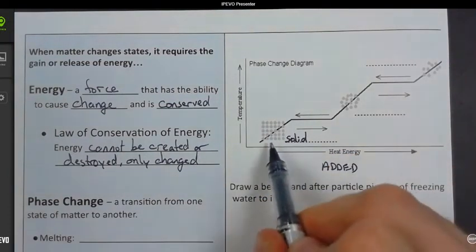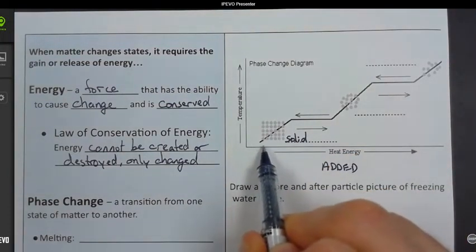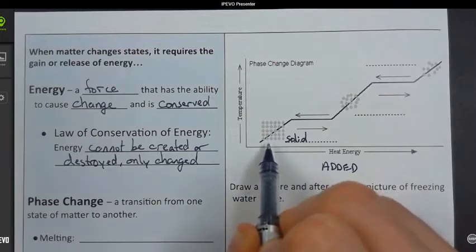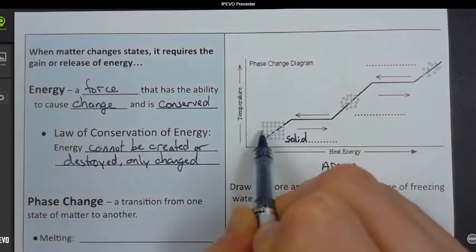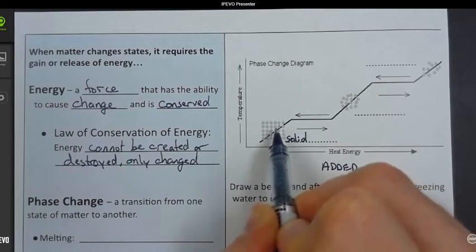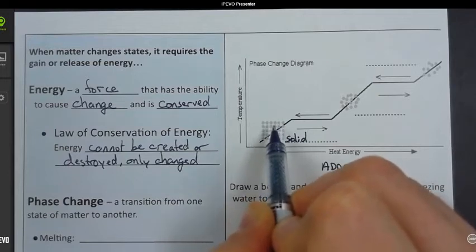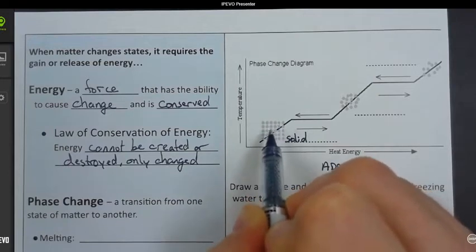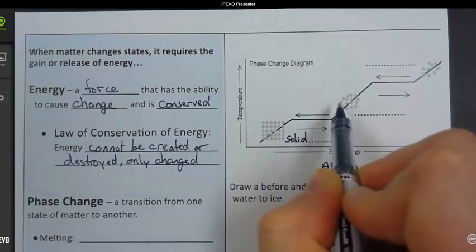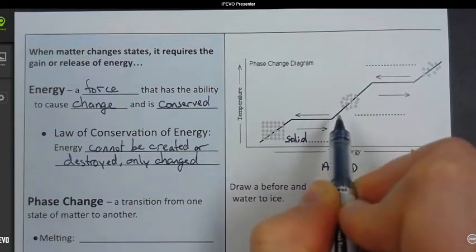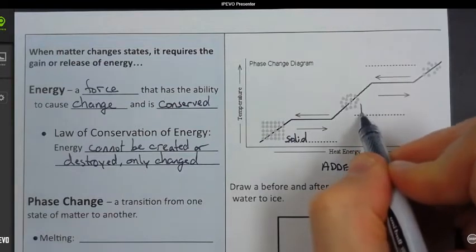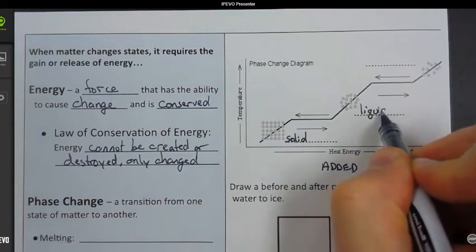Right? And then as energy gets added, as we move along our x-axis, those solid particles increase in temperature. They start to vibrate more and more. And eventually they vibrate so much that they actually break their attraction to one another, and they go to a less patterned, still close together phase, which we call the liquid phase.